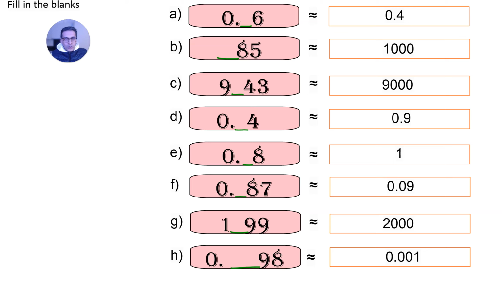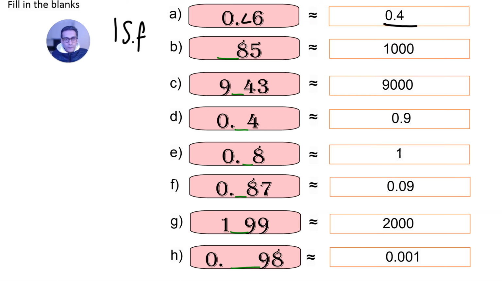So we know that 0.something 6 to one significant figure, all of these are going to be to one significant figure, rounds to 0.4. So if you think about this, if that was a 5 and the decider is a 6, then that would round up to a 6. So that wouldn't make sense.